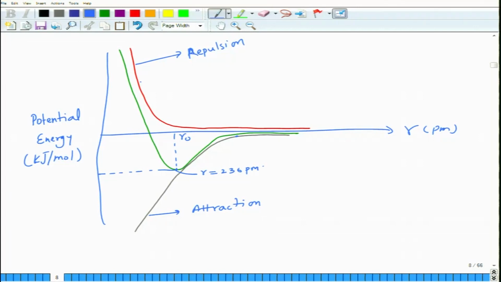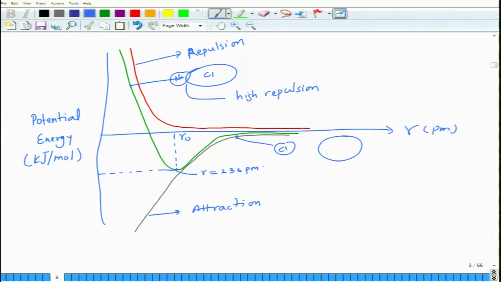If you talk about very small distances, it is like this: sodium and chlorine squashed together really very close. That means high repulsion. And if you come somewhere here, then it would mean a situation like this, NaCl.